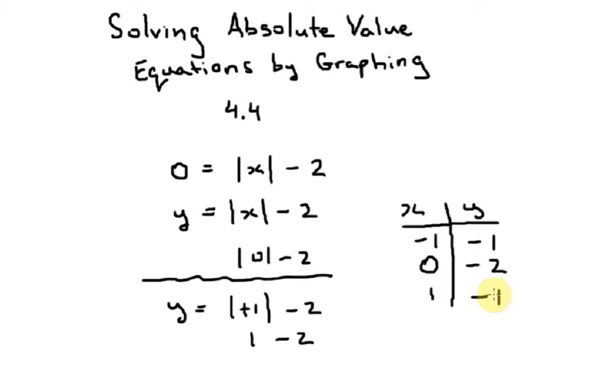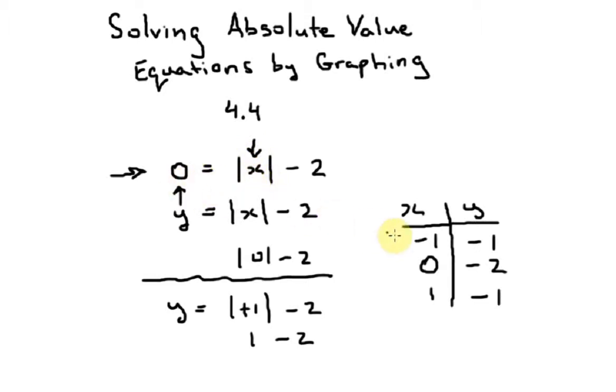So how is this actually going to help me solve this specific equation over here? Well, this equation is related to this function where it has y equals. And what you're basically saying is we want to figure out when y is specifically 0, what are the x's?